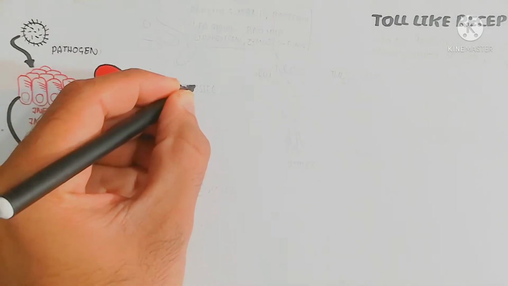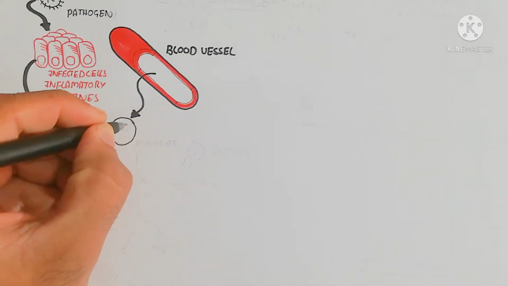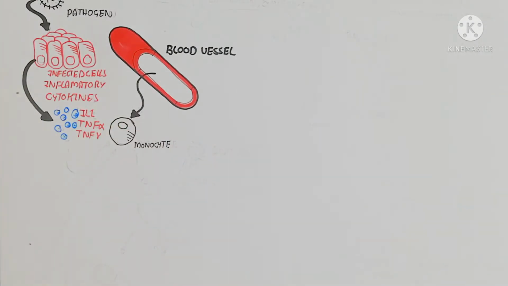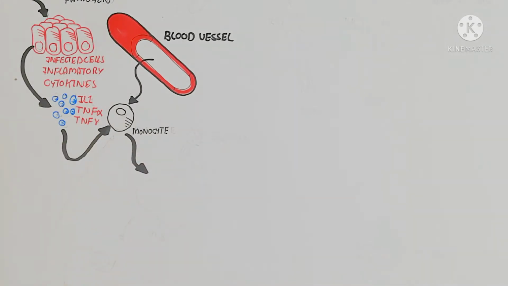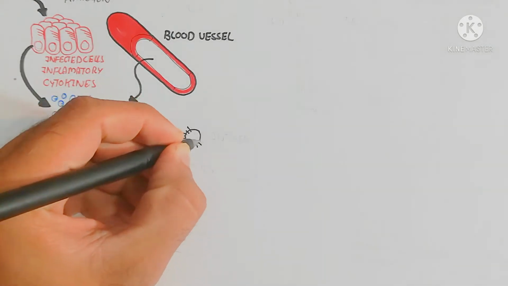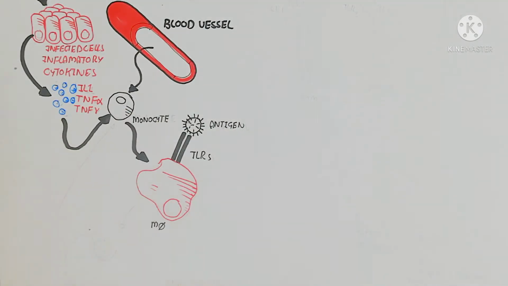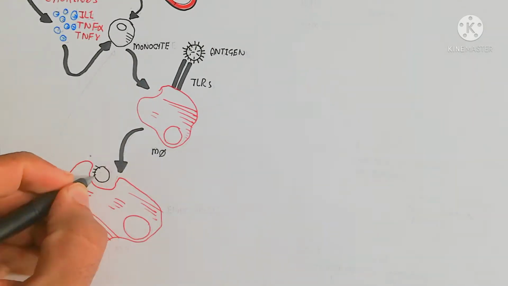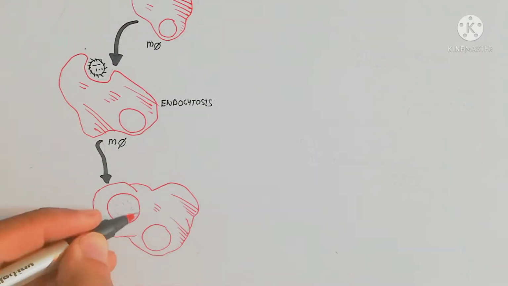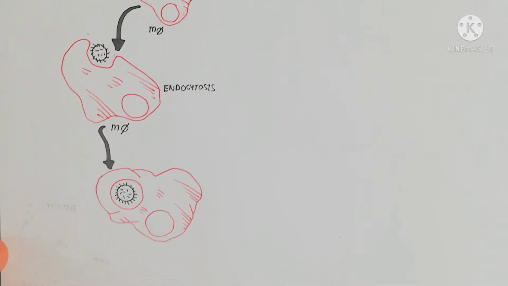Then the monocyte proliferates to form a macrophage. The special character is that the monocyte contains a nucleus, and the nucleus contains genes. The Toll-like receptor gene is activated and produces the Toll-like receptor on the plasma membrane of the macrophage. After this, the antigen is recognized by the Toll-like receptor on the plasma membrane. After recognition, endocytosis occurs, and the macrophage endocytoses the antigen, for example the pathogen, bacteria or virus.